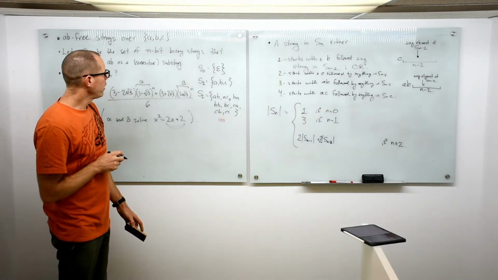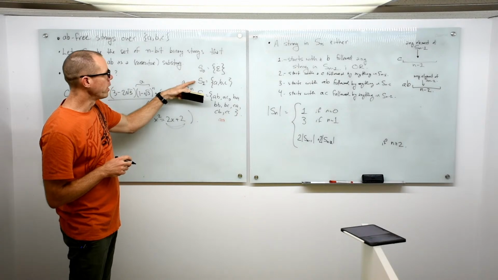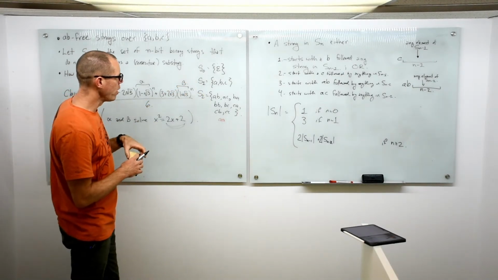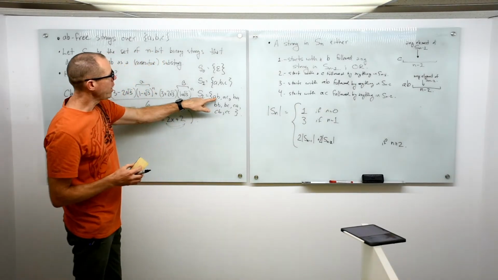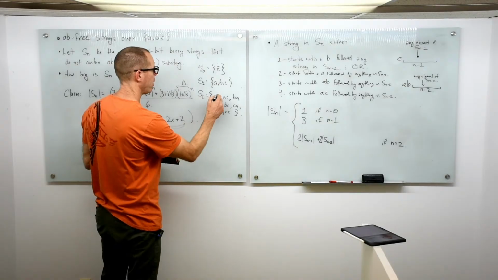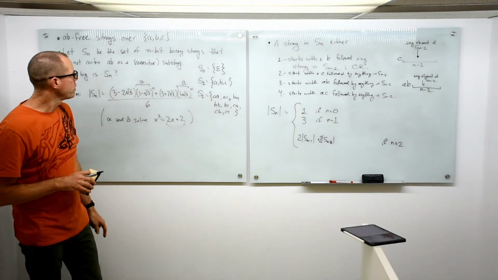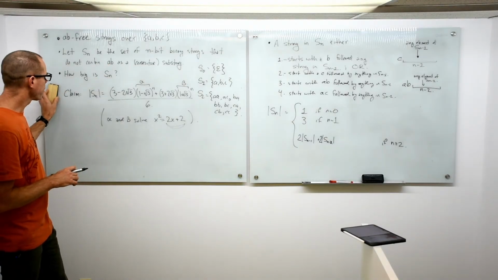So in this case, S of 0 is the same, it's the empty string. S of 1 is the same because nothing happens. But S of 2 is different. Instead, it's not allowed to have AB in it, but it is allowed to have AA. So it has the same size, it's just a different set of strings. So it should not have AB in it.